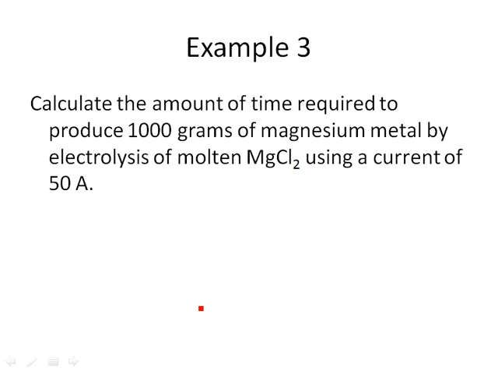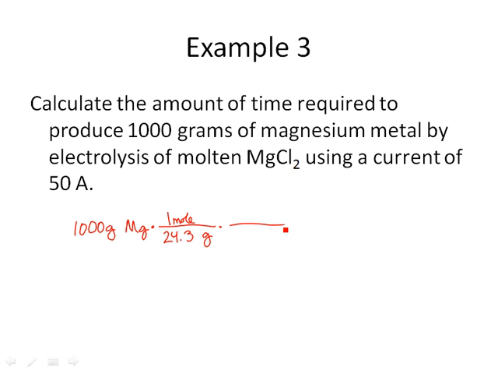So we'll start with 1,000 grams of what? Whenever you write a number, you have two things following it, a unit and then an identifier: grams of magnesium. So we need grams to cancel. What cancels grams? Magnesium, I'm going to put 24.3. And then what's going to be on the top? That gives us moles of magnesium, but we want moles of electrons because we're talking about amps.